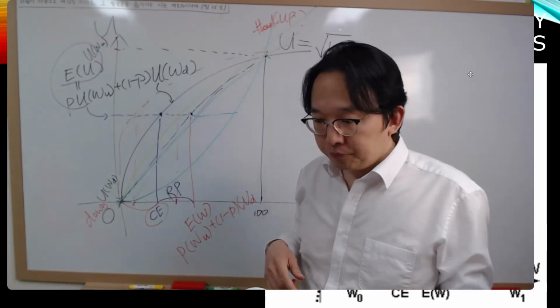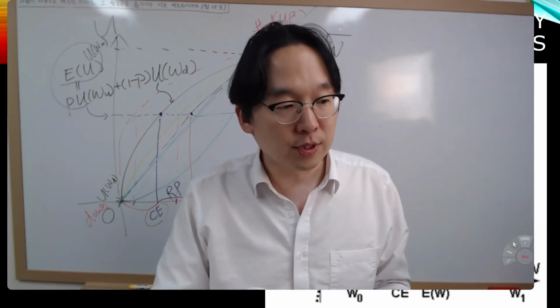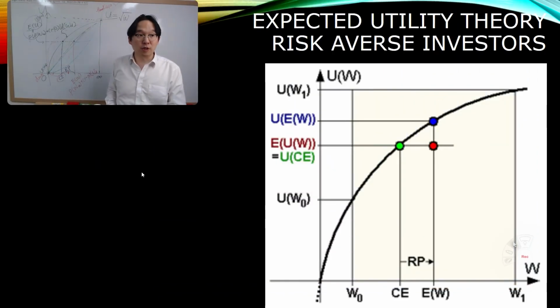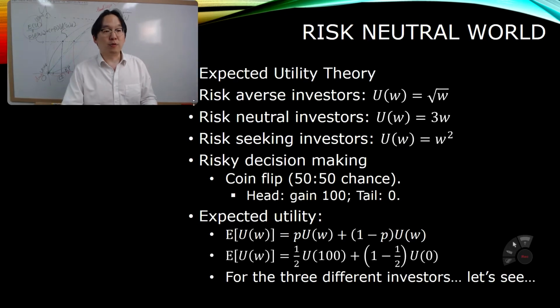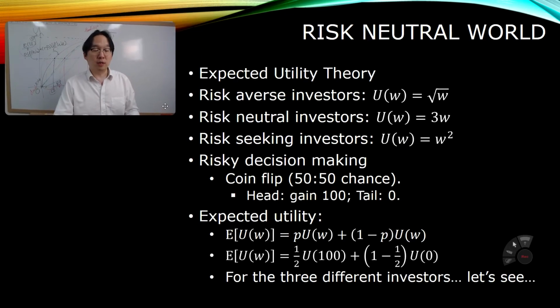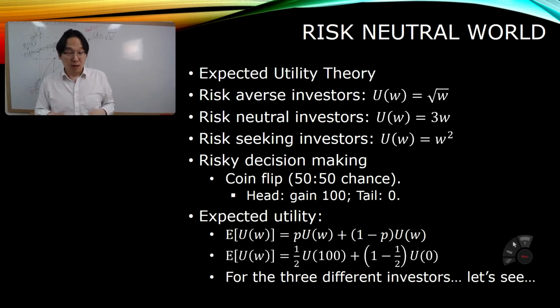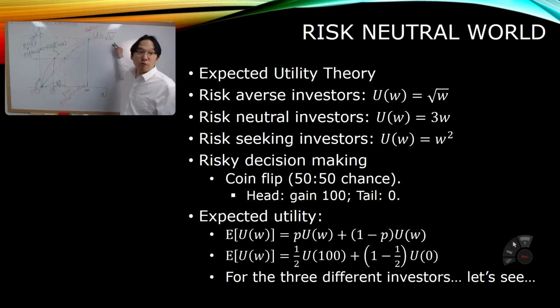Now, we move down over here in the diagram. You see what I'm talking about over here. Expected utility function. Yes. Now, let's go. Expected utility theory is based on this one. Let's go through 3 different forms of utility function. The first one is the utility function of risk-averse investors, which is just like this one, square root function.